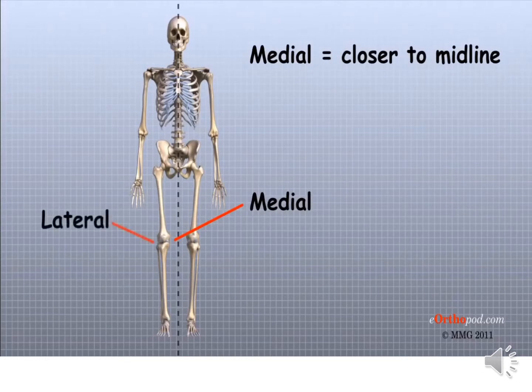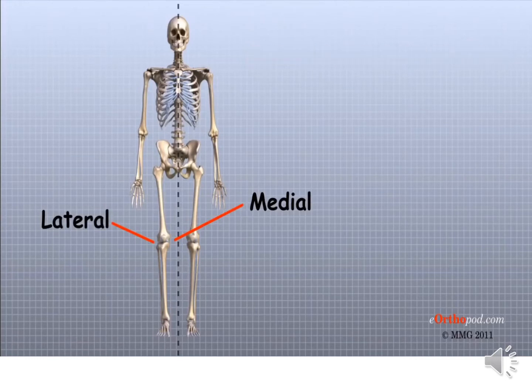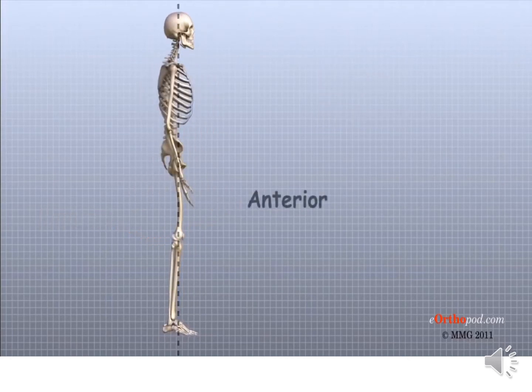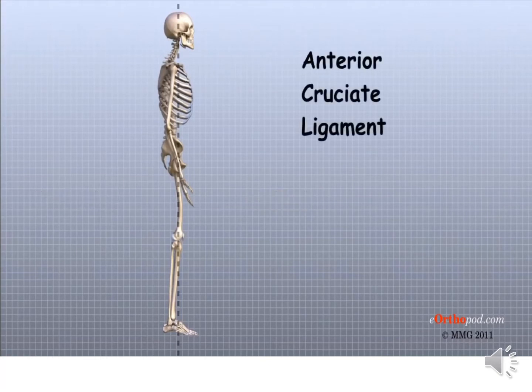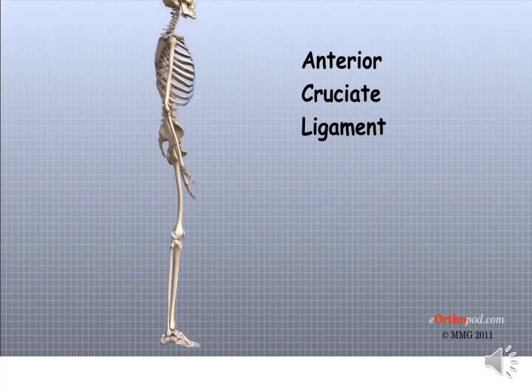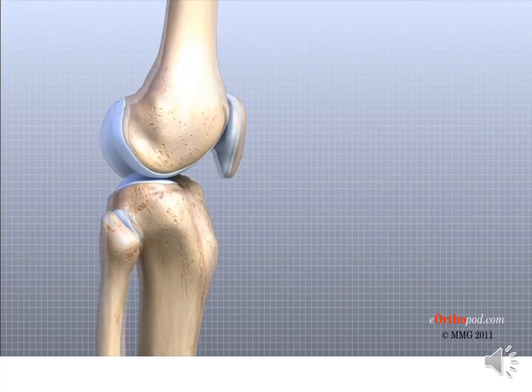The lateral side of the knee is the side that is away from the other knee. Structures on the medial side usually have medial as part of their name, such as the medial meniscus. The term anterior refers to the front of the knee, while posterior refers to the back of the knee. So the anterior cruciate ligament is in front of the posterior cruciate ligament.